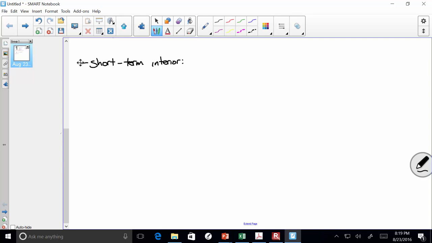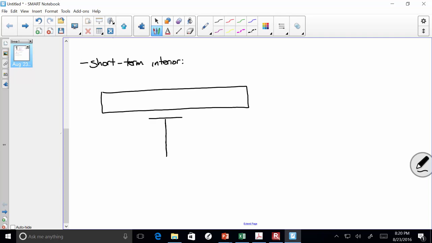All right. So the short-term interior section is going to look like this. We're going to have some concrete deck, right? It's going to have some width. And we're going to have the beam. And I'm just going to be lazy and draw the beam like this. Actually, no, I'm going to draw it all out.